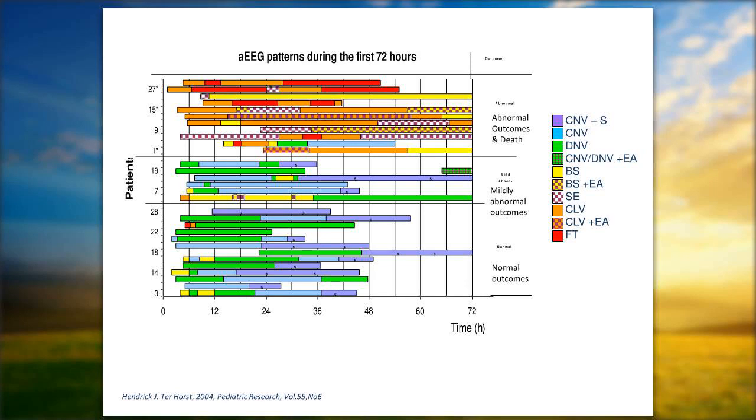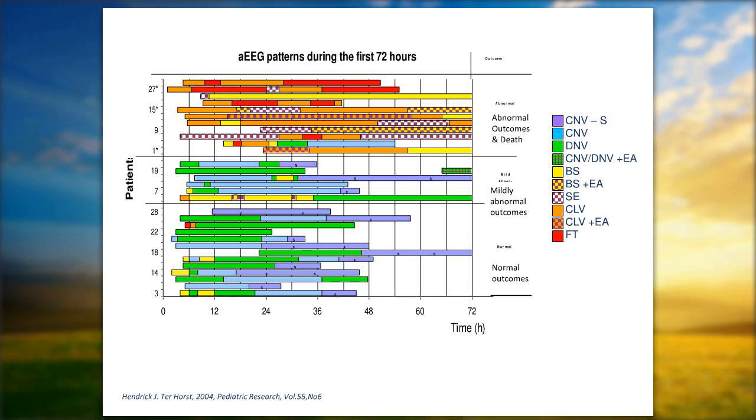The purple would be if they had sleep. The green is if they had discontinuous tracing. If it's superimposed with any kind of checkerboard pattern, that meant that they had epileptic activity, any kind of seizure at all. Yellow is burst suppression, and then the orange is continuous low voltage, and the red is flat.